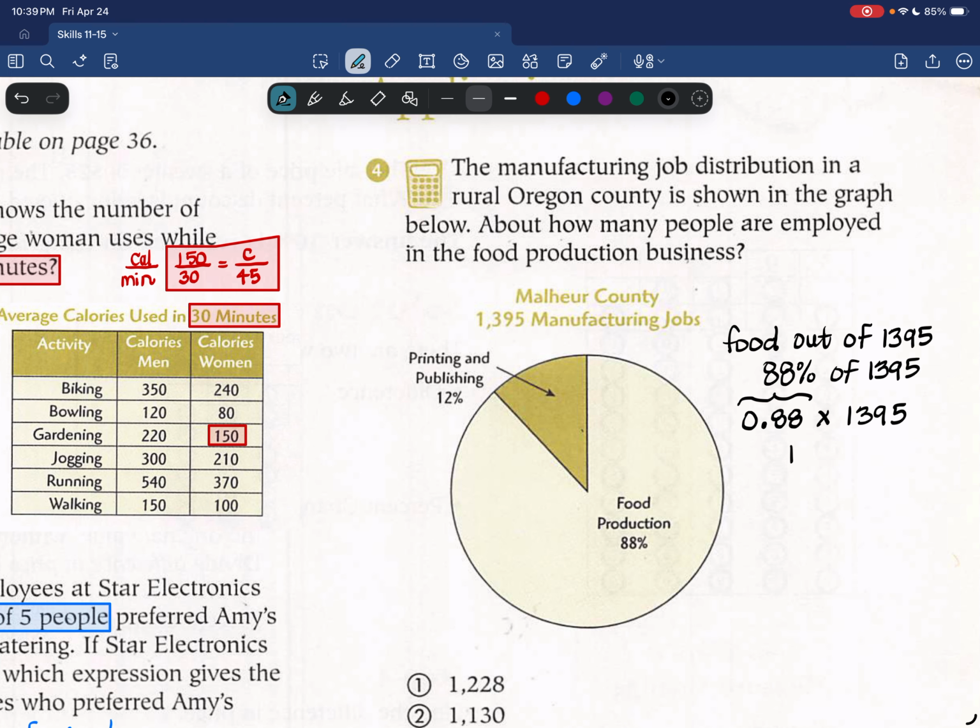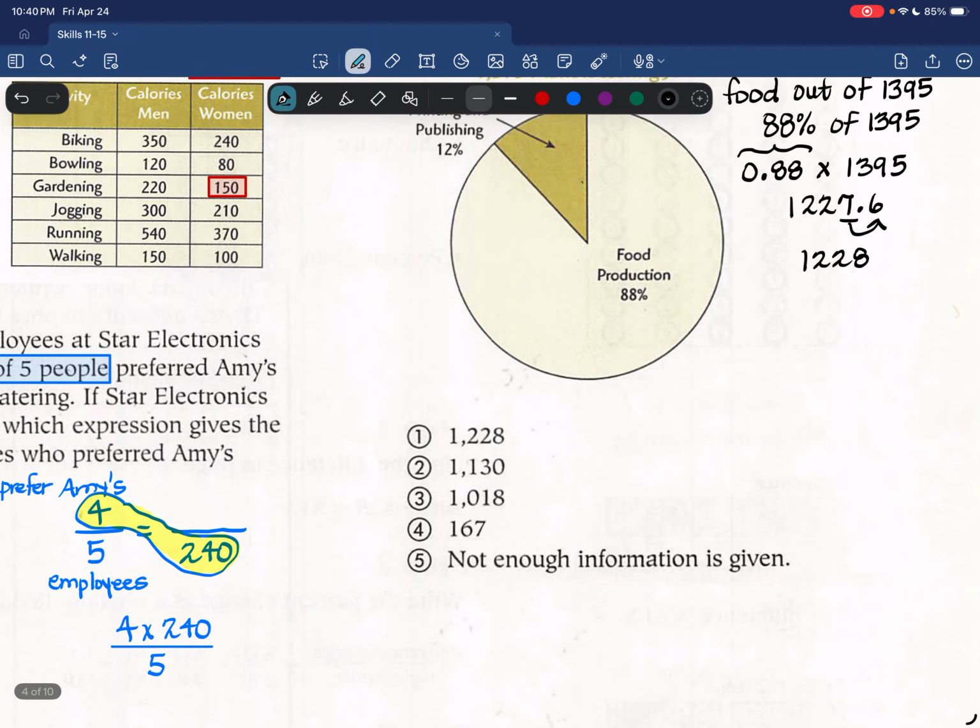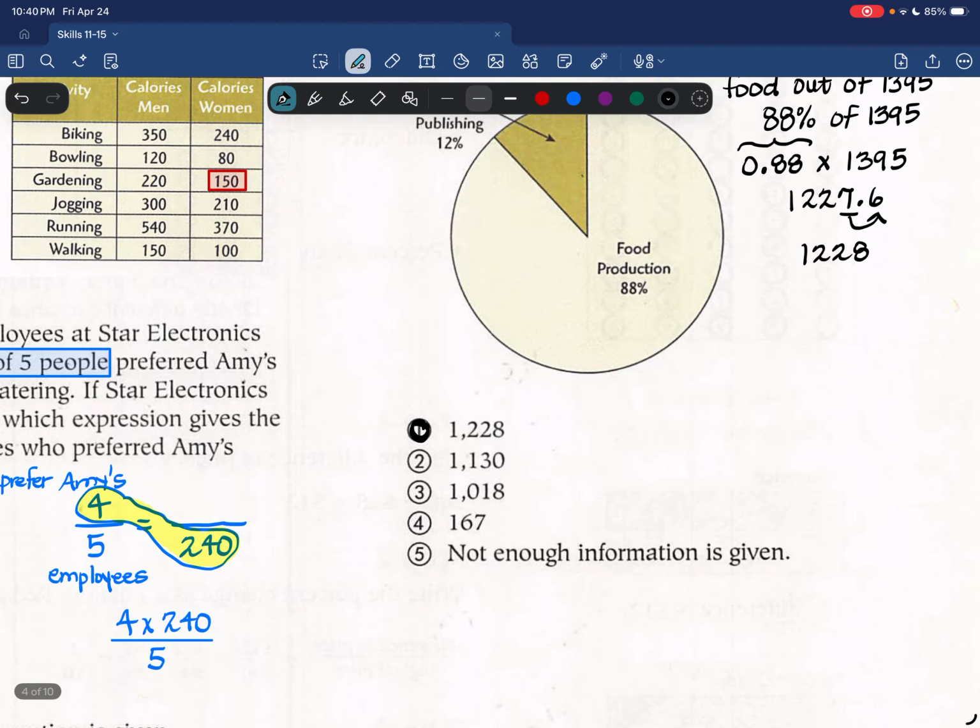And that gives me 1,227.6. So I'm going to call that about 1,228 food production jobs in this county. And that is option 1.